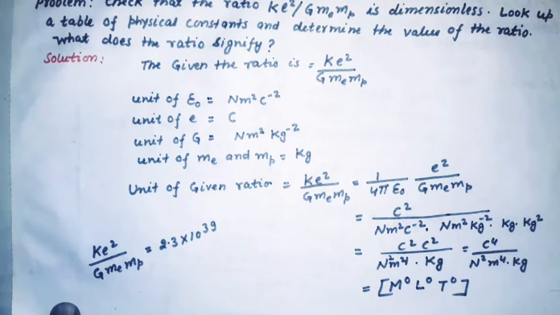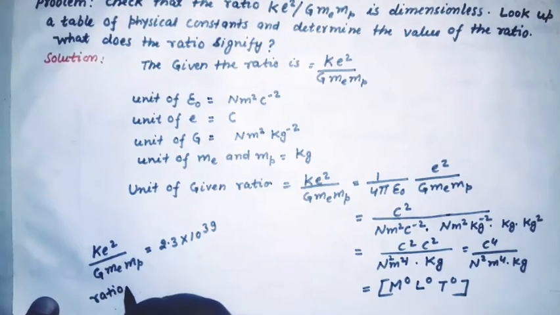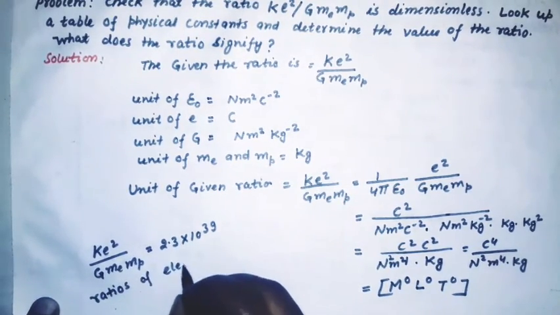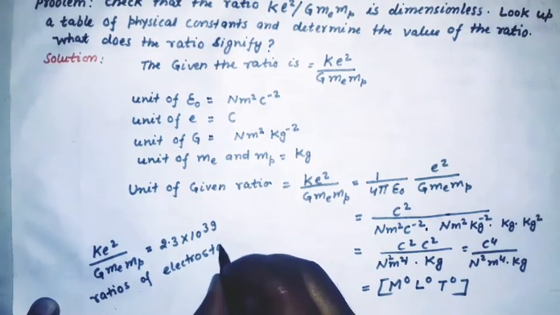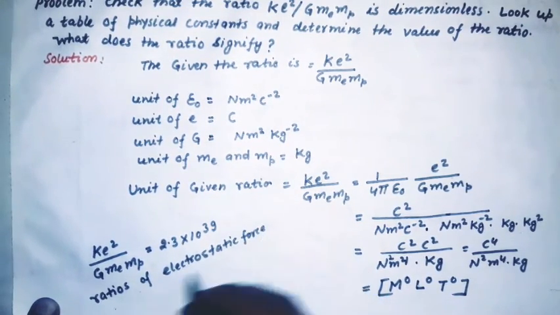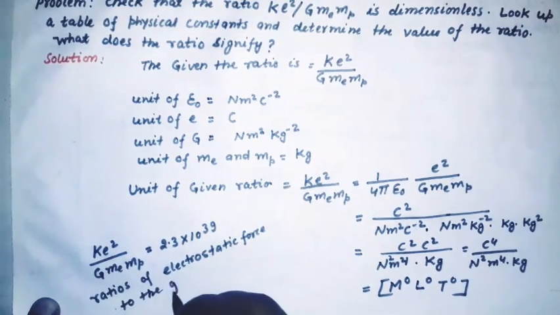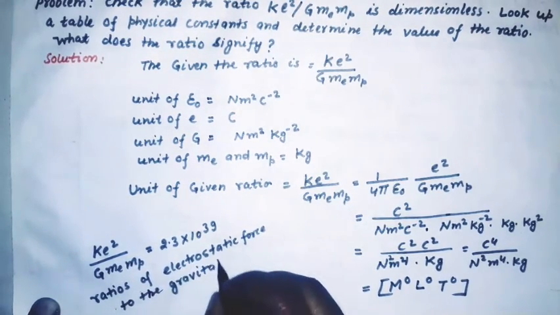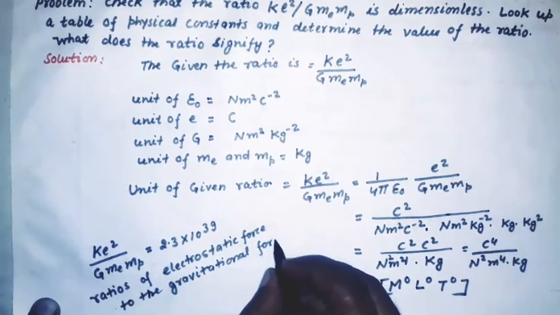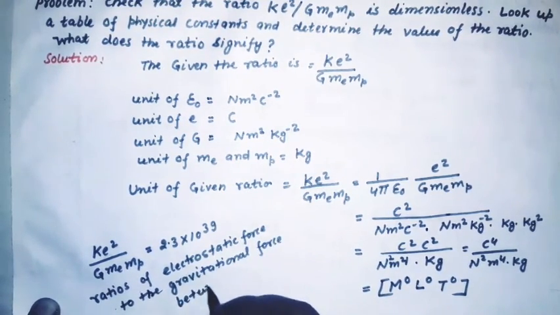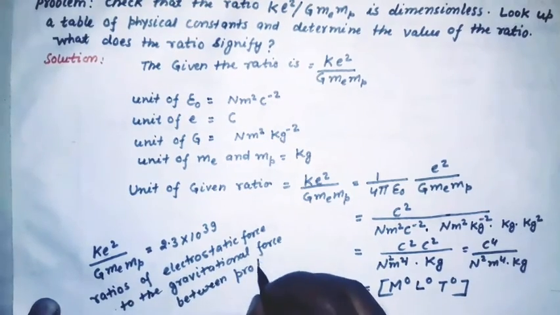And this is the ratio of the electrostatic force to the gravitational force between a proton and electron.